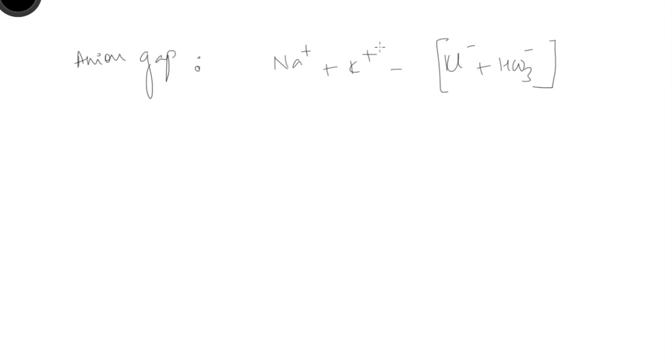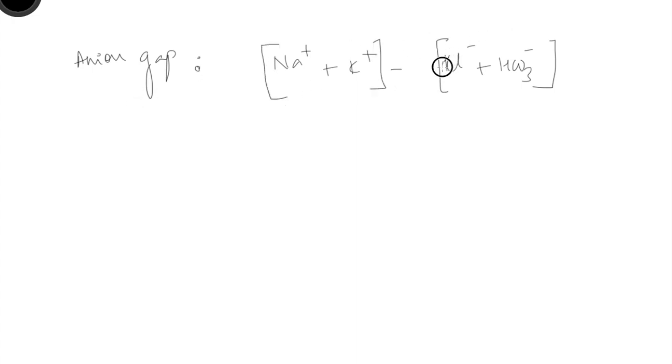And there's one more concept that needs to be understood, that is the concept of anion gap. So what do you mean by anion gap? The definition of anion gap is you put all the cations together and minus the anions. Now why is it called anion gap?